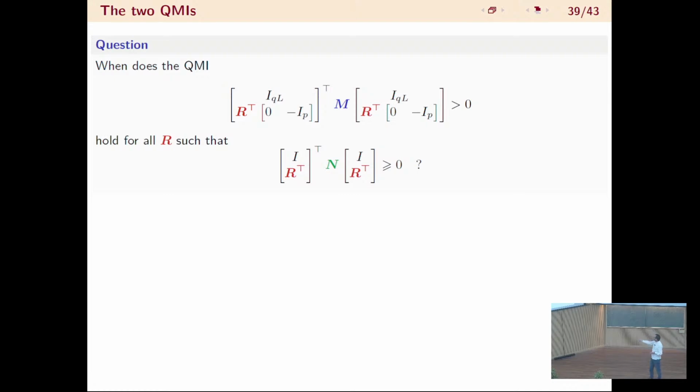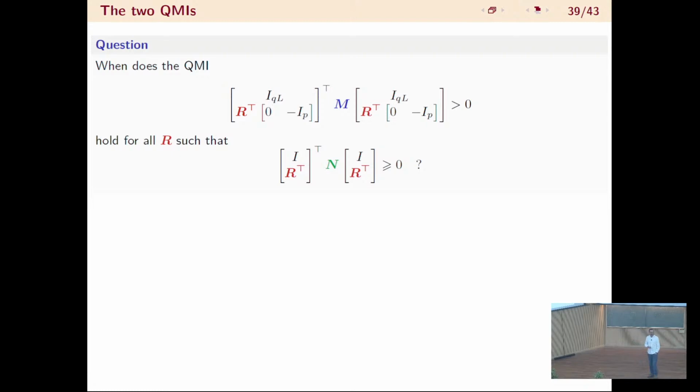I can't use matrix S lemma. Why? Because this guy has unknown R transpose, but this guy has R transpose times a matrix as unknown. As you can imagine, there is a way to tackle this. Otherwise, I wouldn't explain all this and say, sorry, we cannot solve this problem.